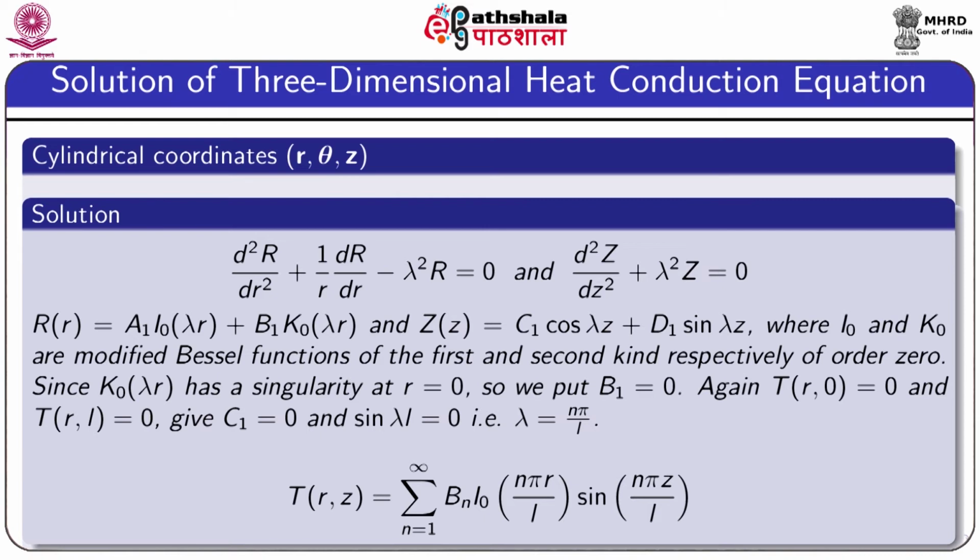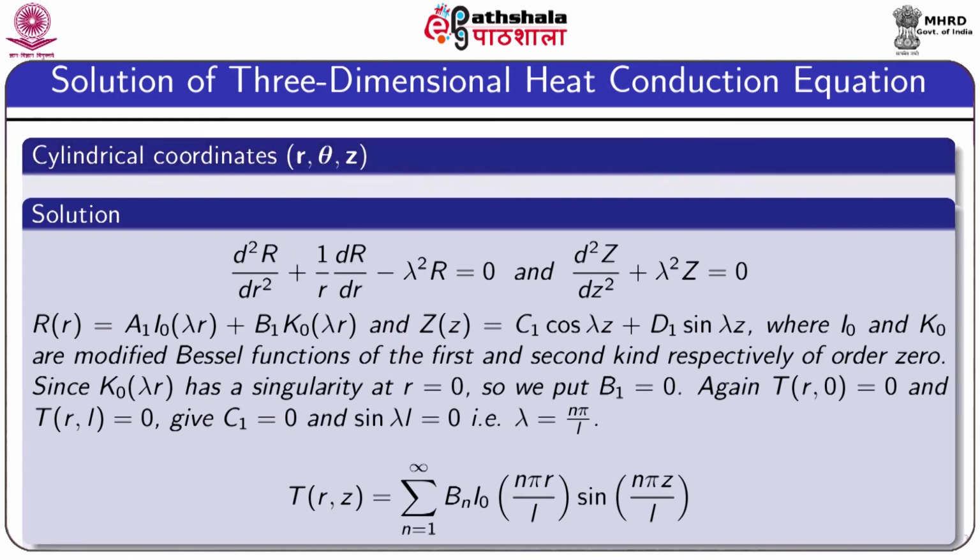Again we have the boundary conditions: temperature at z equals 0 is 0 and temperature at z equals L is 0. If we substitute here, the first condition gives C1 equals 0. The second condition, capital T at z equals L equals 0, gives sin lambda L equals 0.